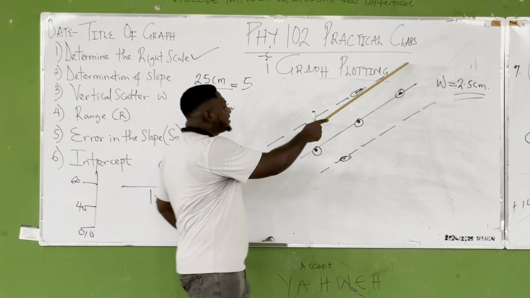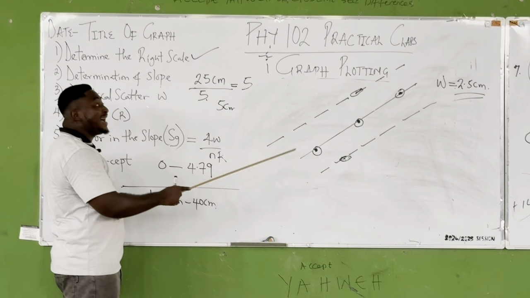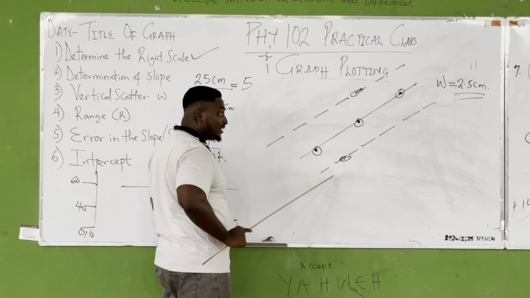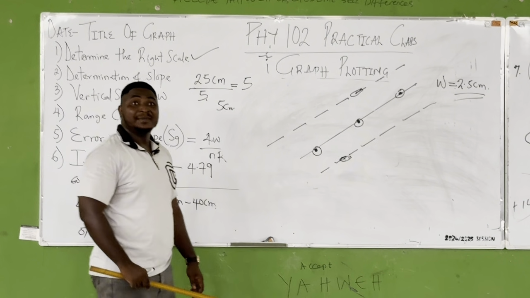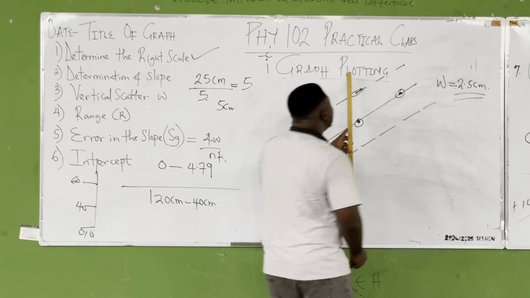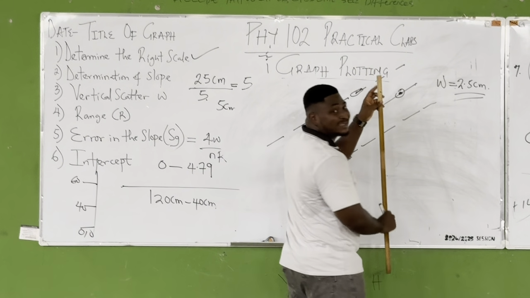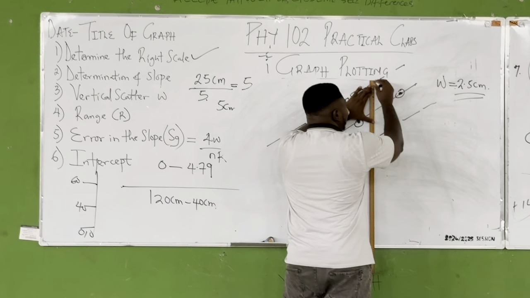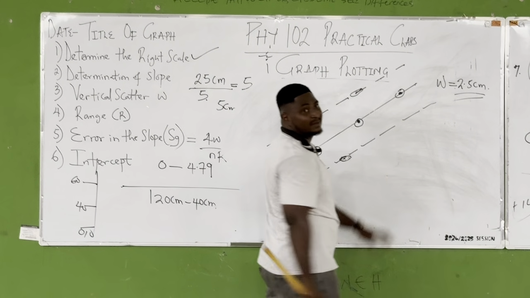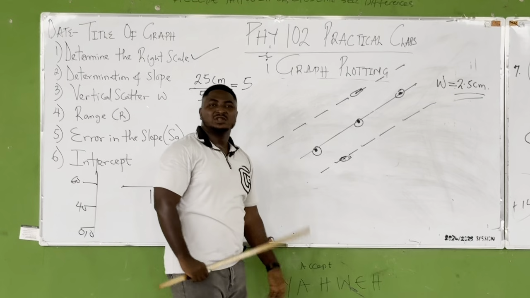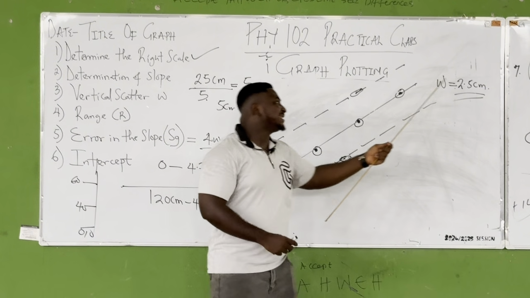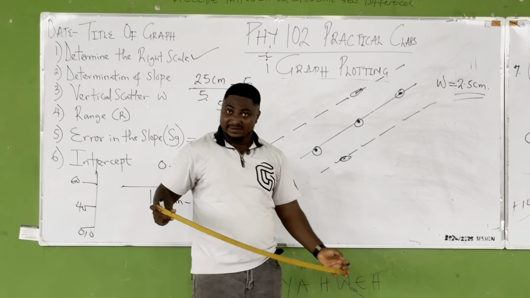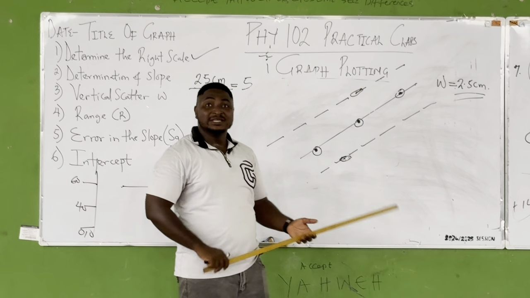So I draw a straight line that's parallel to the axis of my graph, on this side, and this other point on this side. I'm now going to take my ruler and measure the vertical distance. That's the vertical scatter. The vertical distance between this point and this point is my W. So let's say we have 2.5, hypothetical value. Class, is it better now? That's the W.